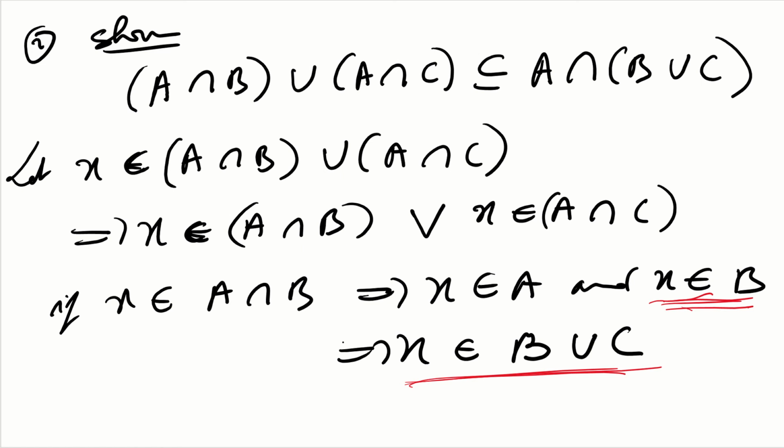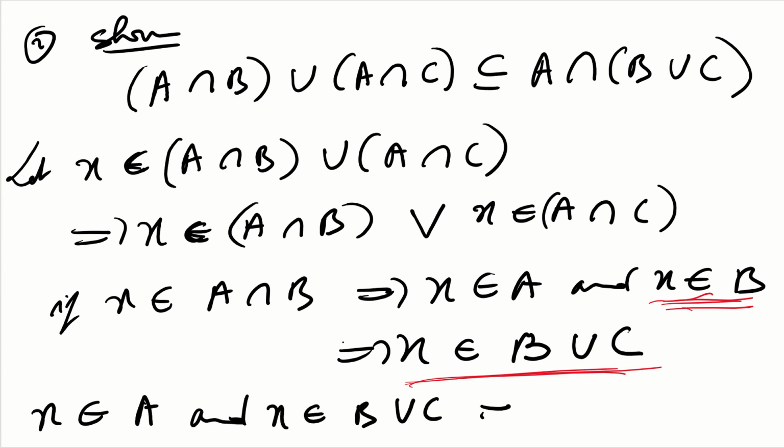So we have x in B union C, and because we have x in A and x in B union C, this implies x in A intersection B union C. So this is the definition of an intersection of sets, right?